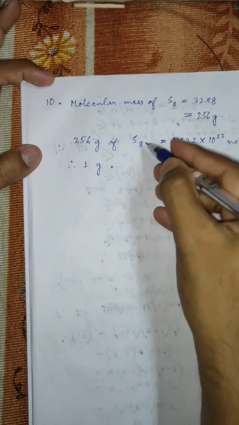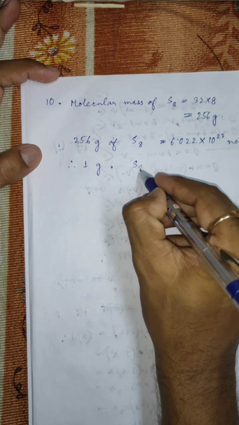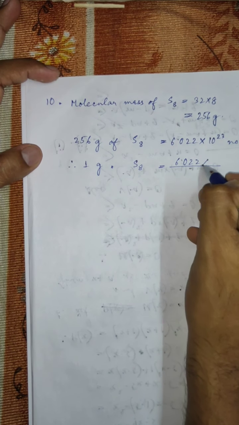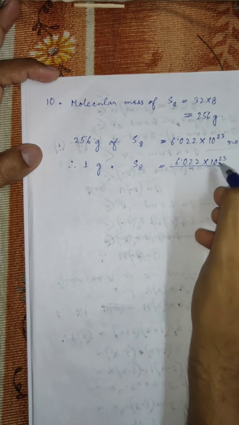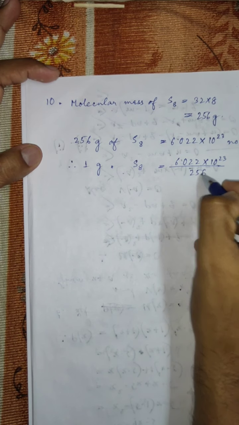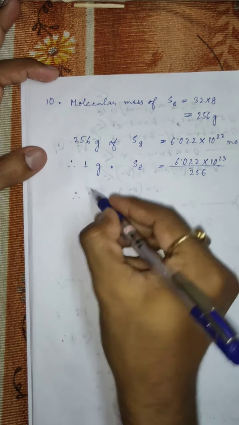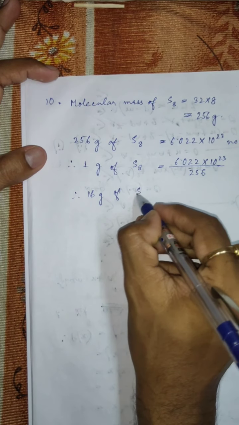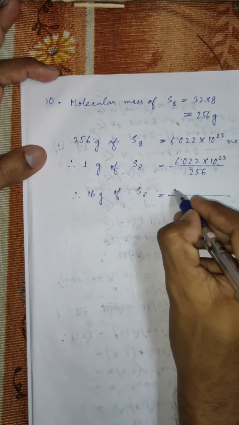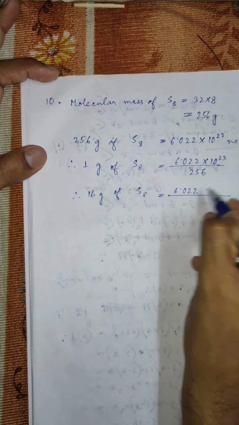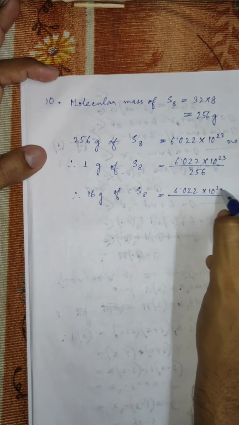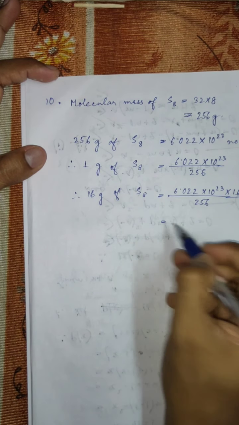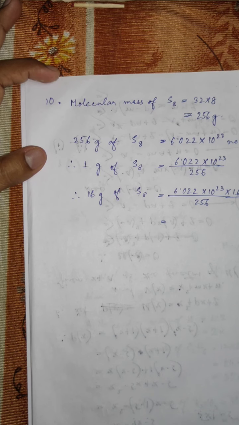Then 1 gram of sulfur S8 is equal to 6.022 into 10 to the power 23 divided by 256. Therefore 16 gram of S8 is equal to 16 divided by 256. Now we can divide.